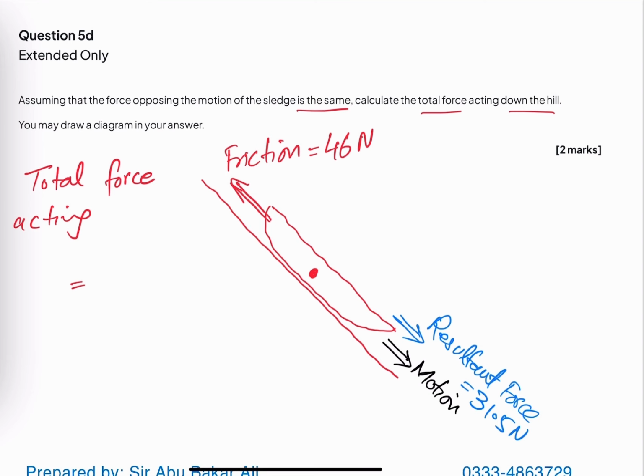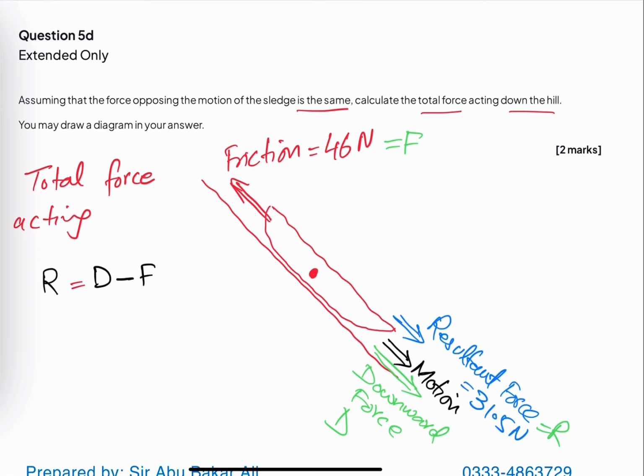Resultant force is in the downward direction, na? So there is a resultant force in the downward direction, and there is another force that is a downward force. Let's call it D, and let's call the resultant force R, and the frictional force F. So R is equal to the difference of downward force minus friction force.